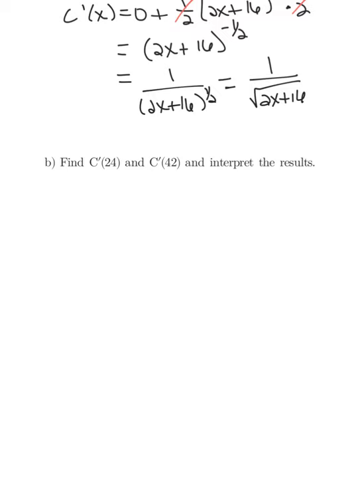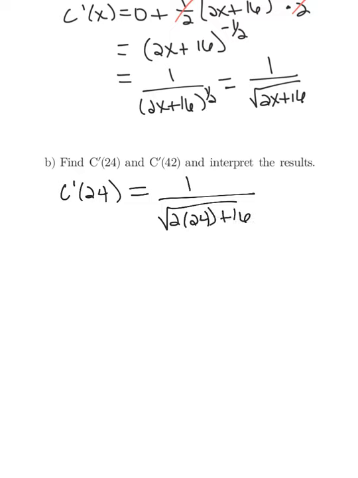For question B, it says to find c prime of 24 and c prime of 42 and interpret the results. First, let's do our c prime of 24. We are going to have 1 over the square root of 2 times 24 plus 16.